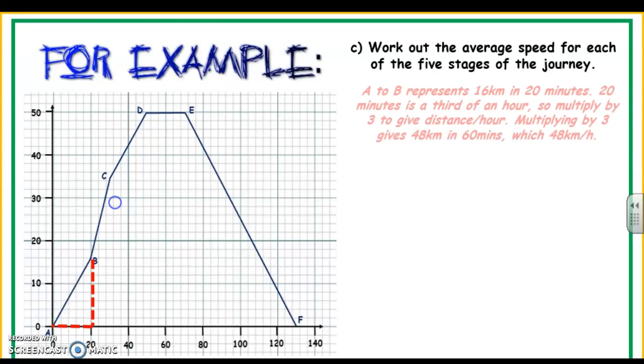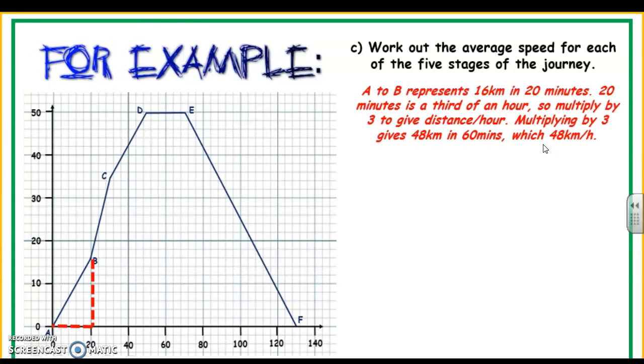So, working out the average speed. Just like I said, we're going to take those two coordinates and subtract our distances for y. So I go up 16 kilometers in 20 minutes. I want to convert 20 minutes into hours.